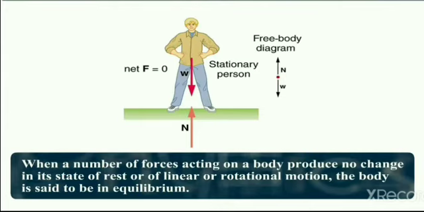Thus, when a number of forces acting on a body produce no change in its state of rest or of linear or rotational motion, the body is said to be in equilibrium.